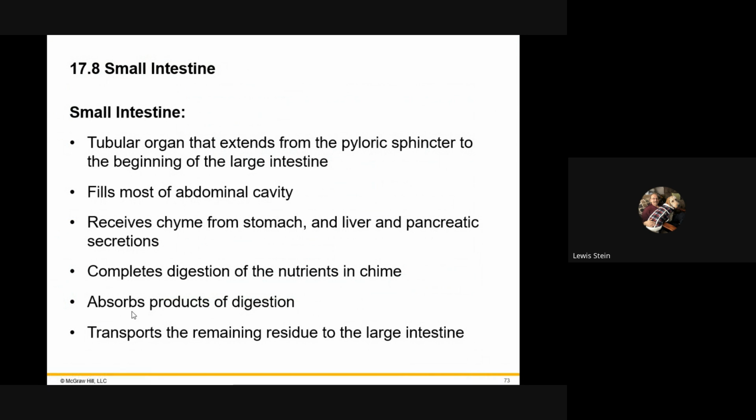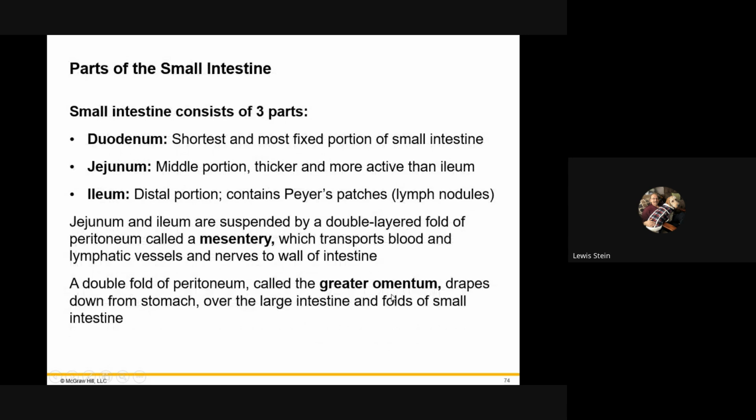And the vast majority of this occurs within about the first third. By the time it goes through the duodenum and basically is through the jejunum, the next part of it, done. What's left over goes to the large intestine. Large intestine is about getting rid of the stuff that's left over and making sure it's moist enough and of the consistency enough to pass without causing us a lot of distress. Not too fast, not too slow, without getting graphic.